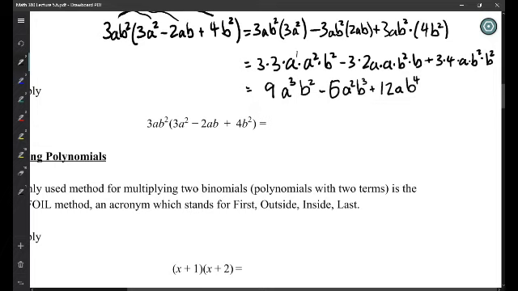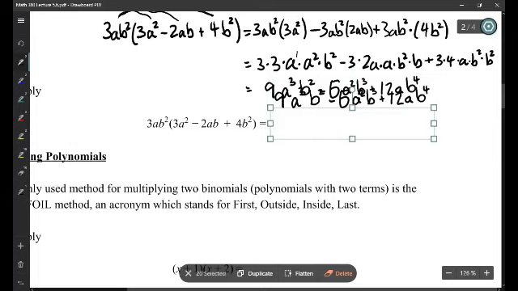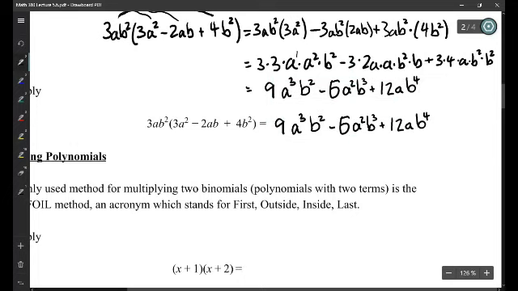And that is the final answer. Notice that it is conveniently in descending powers of a, without us having to do any further rearrangements.